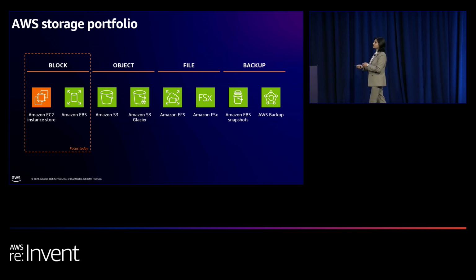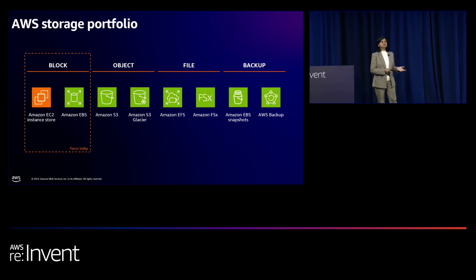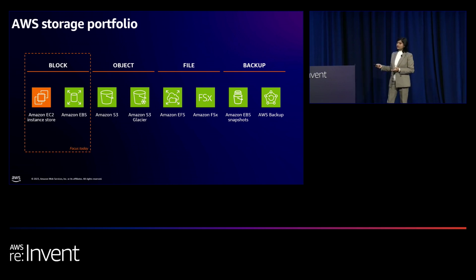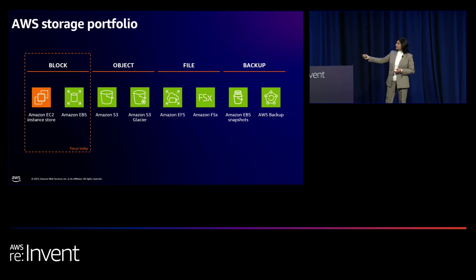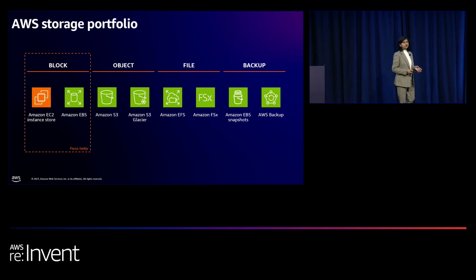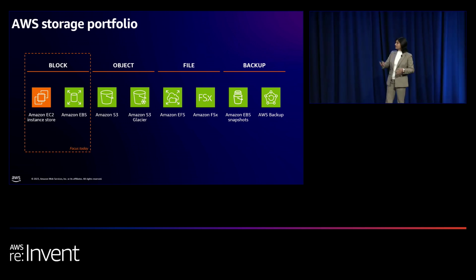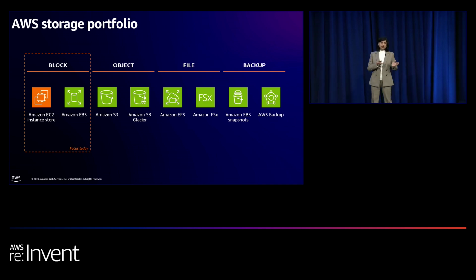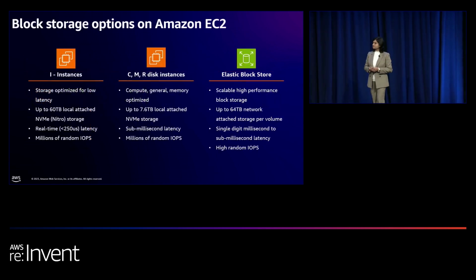And then on top of that, we got backup solutions as EBS snapshots or AWS Backup to cover all of these storage solutions. But for today's session, what we're going to be focusing on is especially the block storage side. What you see on the right side is the local instance store and Amazon EBS.